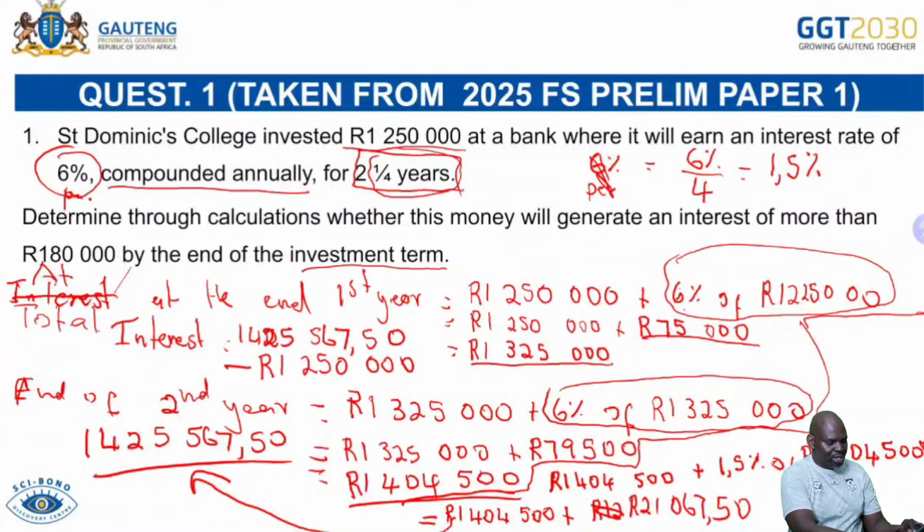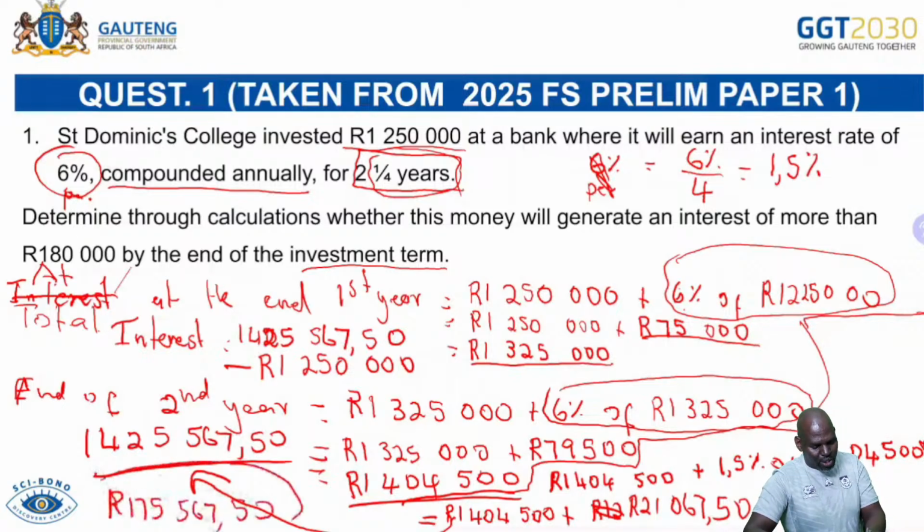Okay, so if I calculate the difference there, I say 1,425,567.50 minus 1,250,000. So I'm getting 175,567 and 50 cents. So this will be the interest.